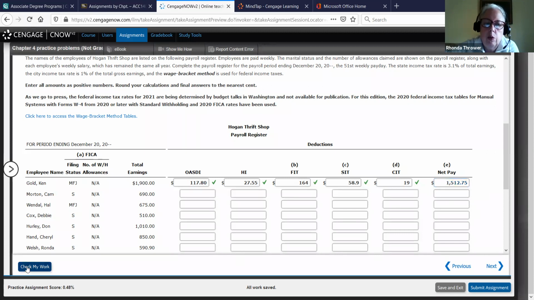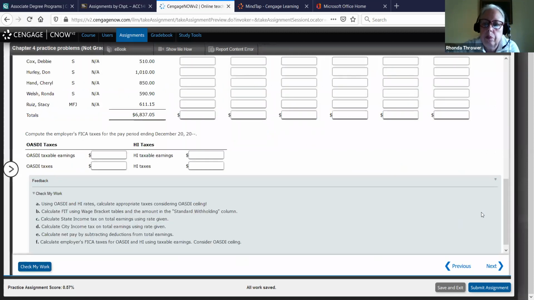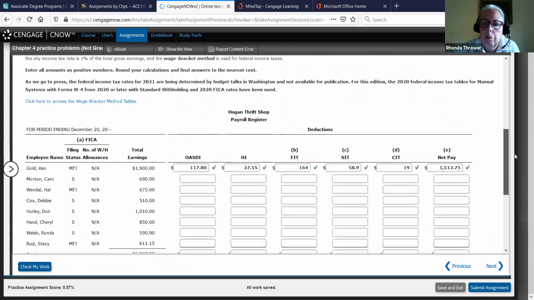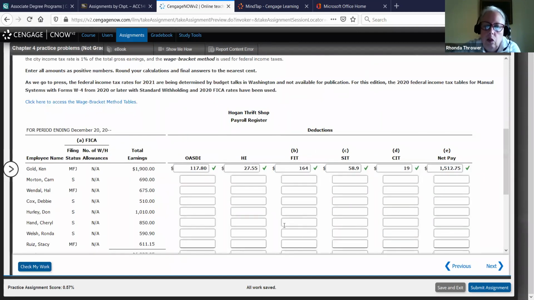And we're going to check our work. So that's how you calculate the taxes for this particular company.